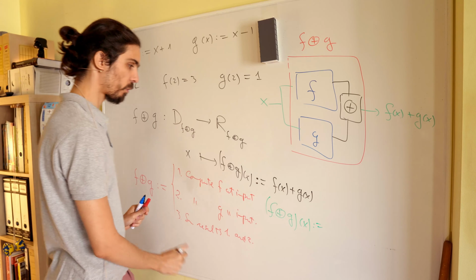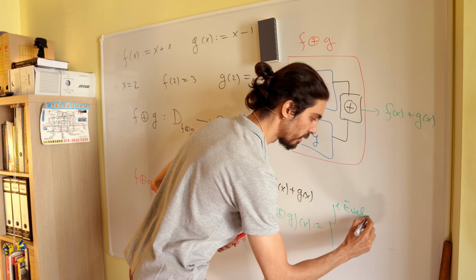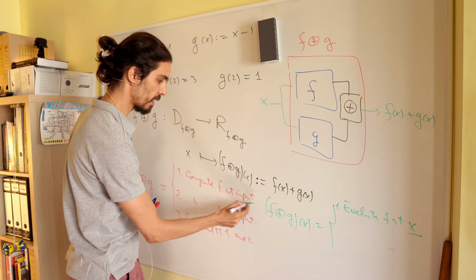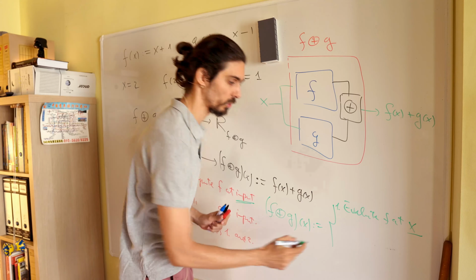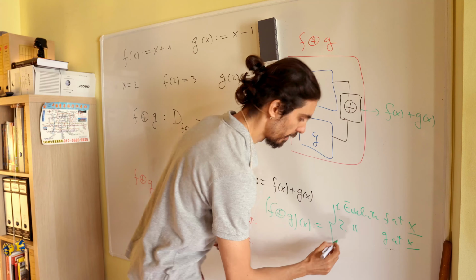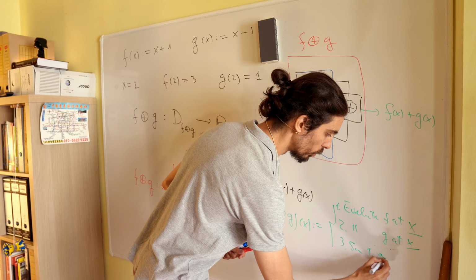Well, you just follow what you see here. Step number 1, evaluate f at x. Step number 2, evaluate g at x. And step number 3, sum 1 and 2.